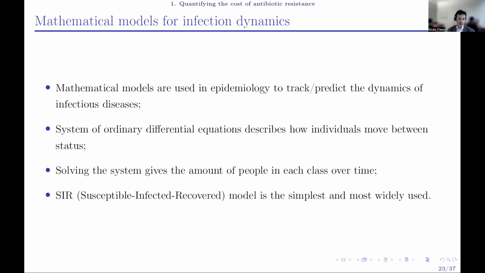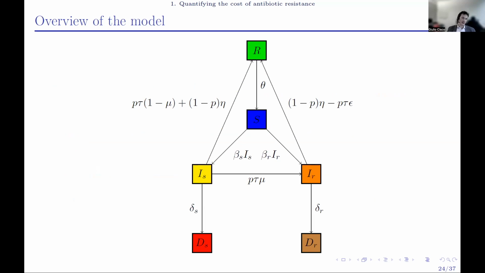I'm not going into the mathematical detail, but in general, what we have to know is that solving this system of equations that explain the dynamics of the changes between these different compartments, you can know the number of people in each class over time.